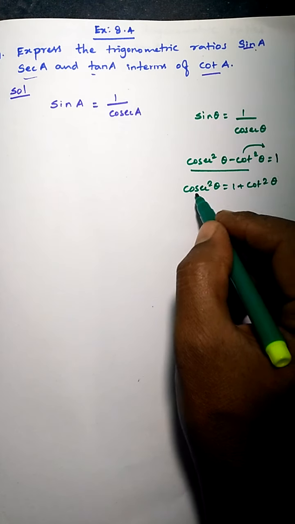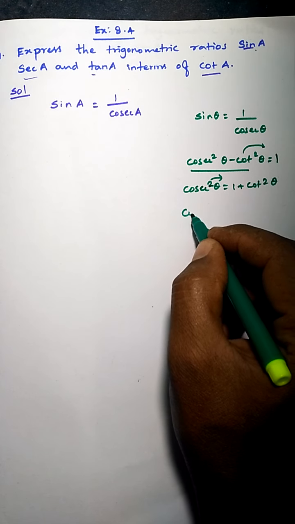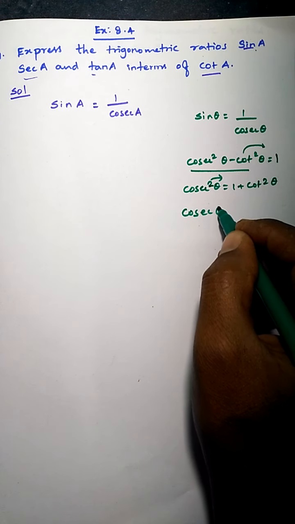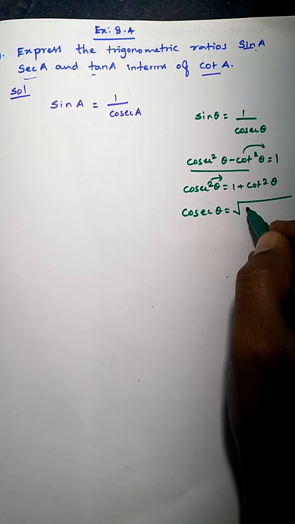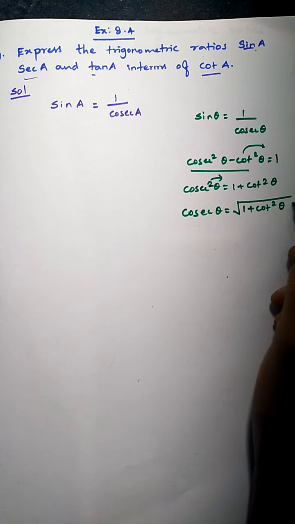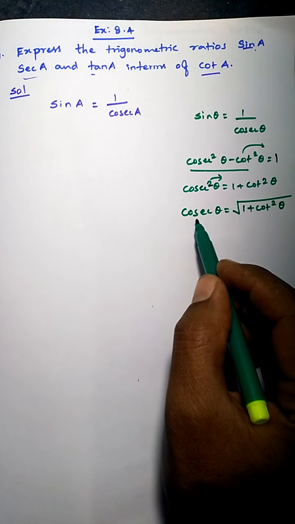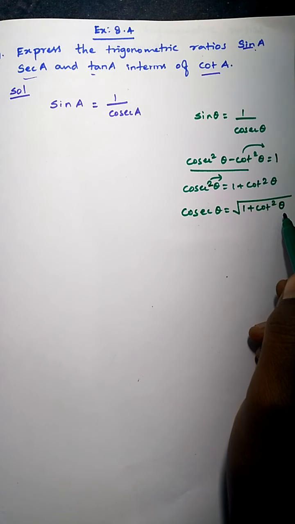If you want only cosecant theta, take the square to the other side and it becomes a square root. So cosecant theta is equal to the square root of 1 plus cot square theta.